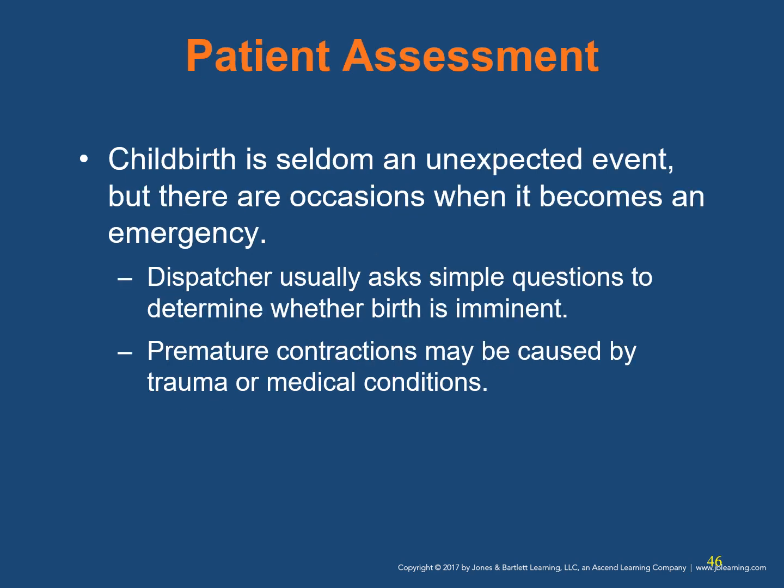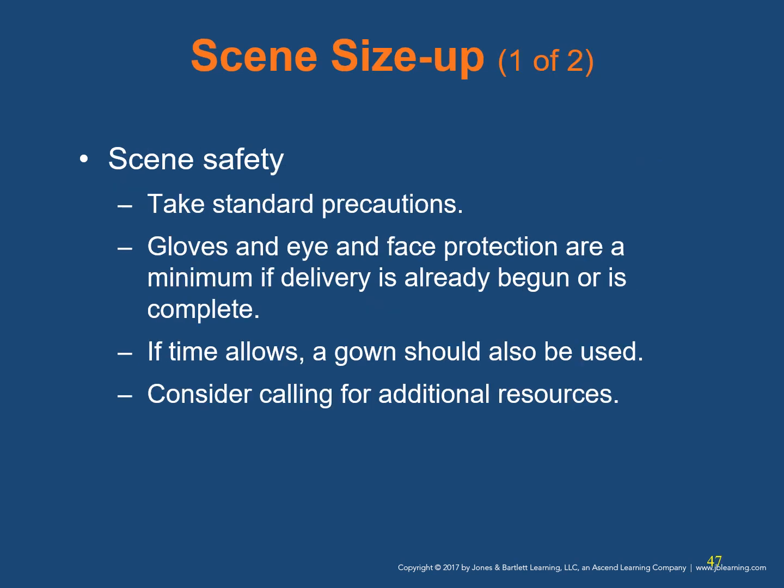Patient assessment. Childbirth is seldom an unexpected event, but there are occasions when childbirth becomes an emergency. Dispatch protocols usually include the dispatcher asking simple questions to determine whether birth is imminent. Premature contractions may be caused by trauma or medical conditions. Scene size up. Take standard precautions.